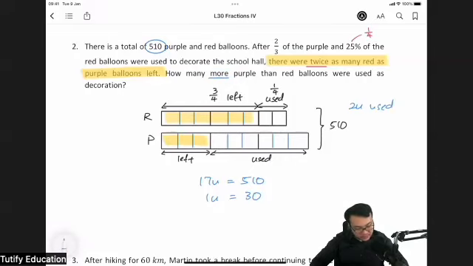How many units were used for the purple balloons? 6. So how many more purple was used? 3? Sorry, wrong, it's 4. So 6 units minus 2 units equals 4 units.